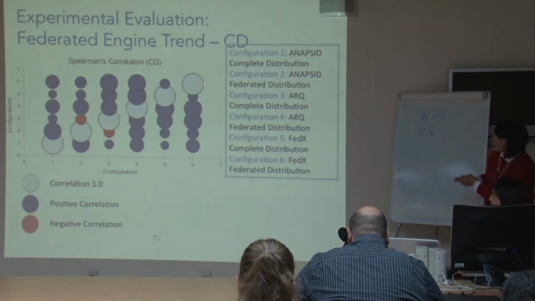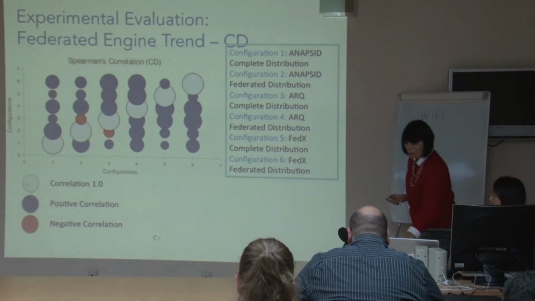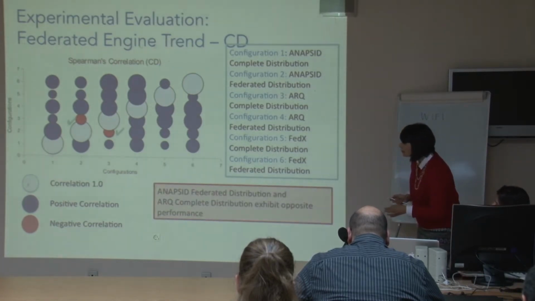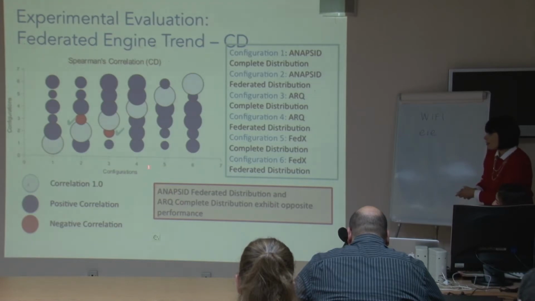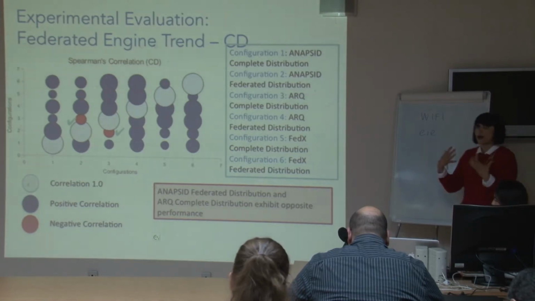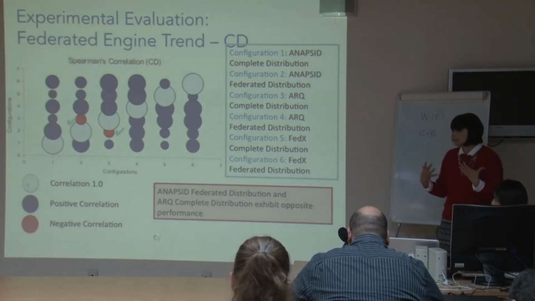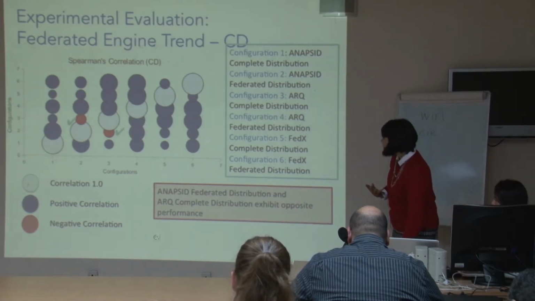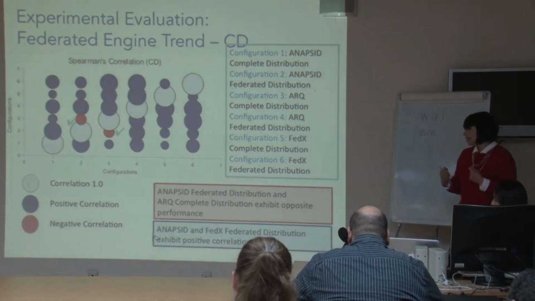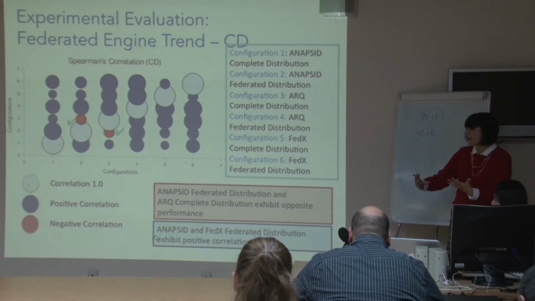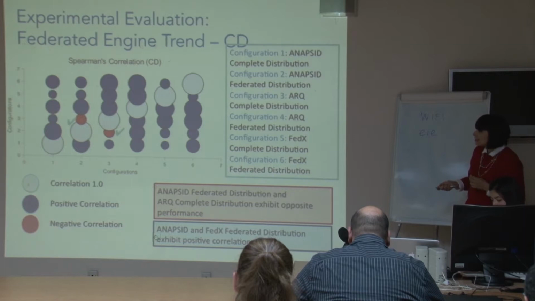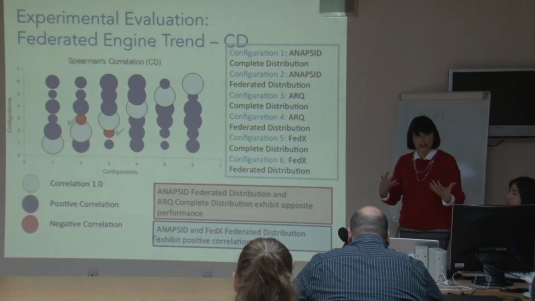And see how many blue circles I'm seeing in this picture. My only two red circles are when I compare an ASIP federated distribution and RQ complete distribution, because they exhibit opposite performance. But when I compare an ASIP federated distribution with a FedEx federated distribution, you will see that they exhibit positive correlation.